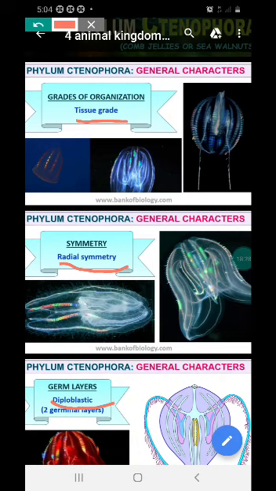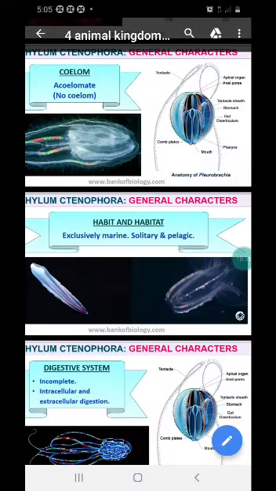That is the property to produce light, give off light, like the firefly, you know that. They are acoelomate and exclusively marine, living completely in oceans or seas, right? And also solitary and also pelagic.